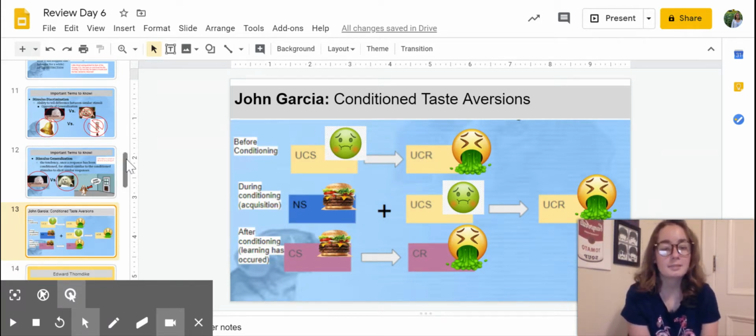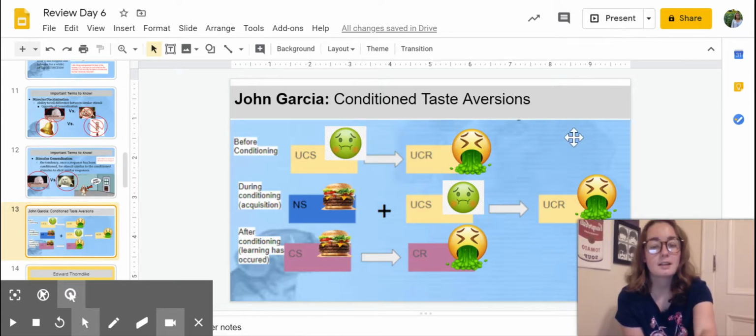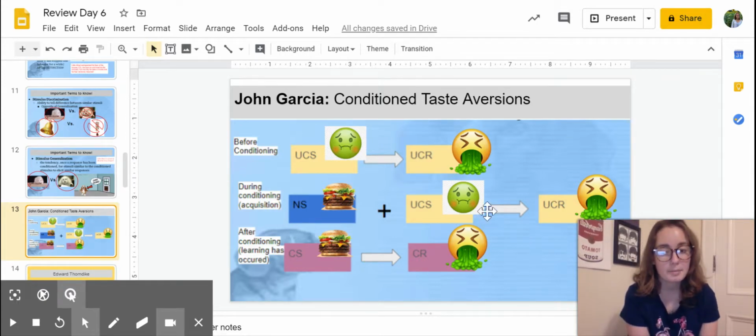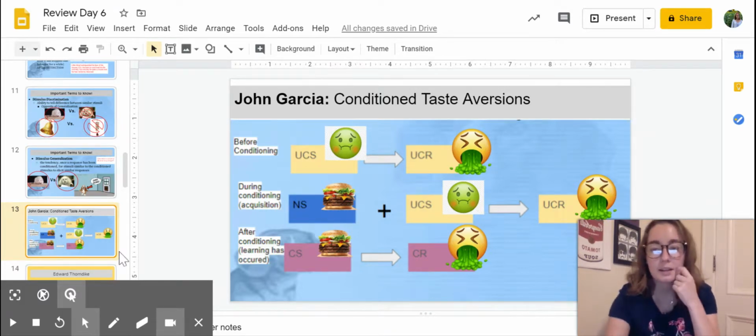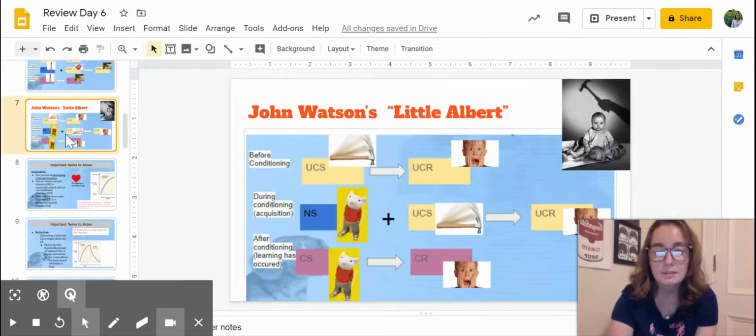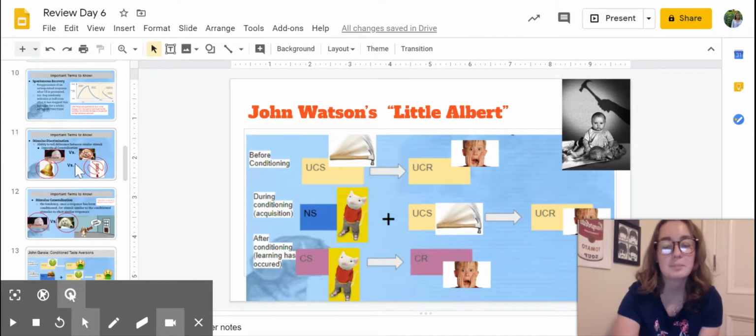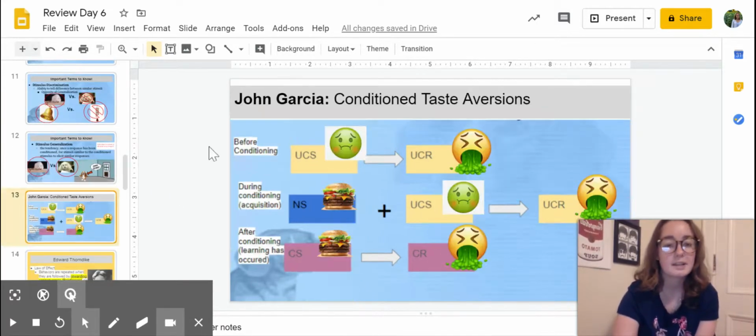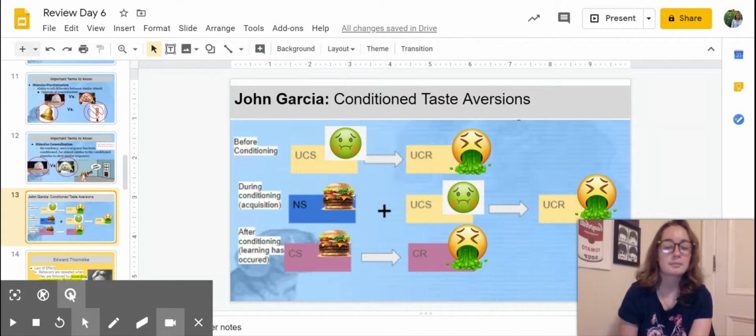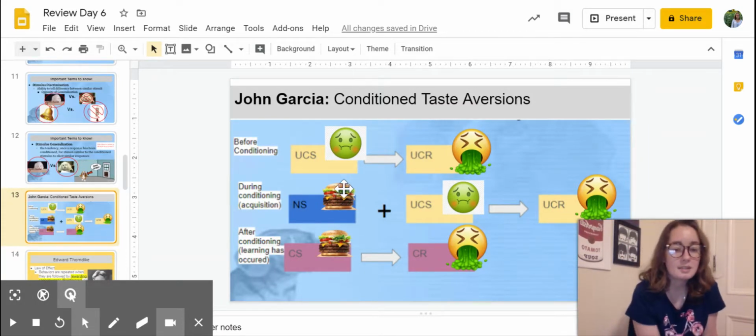So we know that when you're feeling sick, it's going to cause that response of throwing up. And then with conditioned taste aversions, it only takes one time, whereas with something like Little Albert, we see repeated pairings to cause the conditioned stimulus and the conditioned response. A taste aversion can actually happen in just a one-time occurrence. So I have my neutral stimulus of the Burger King Whopper, right?